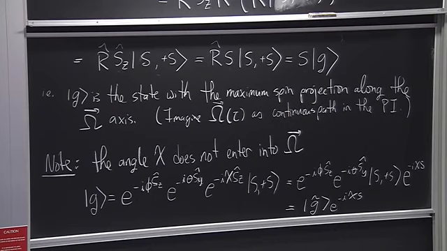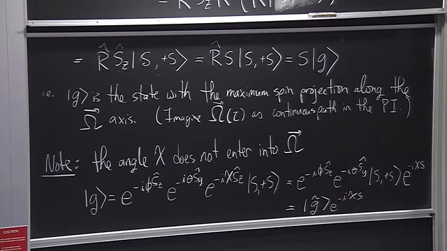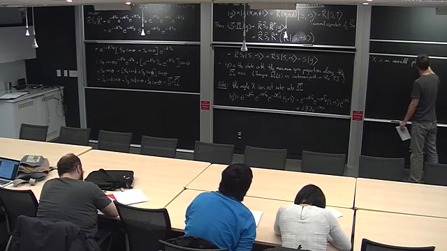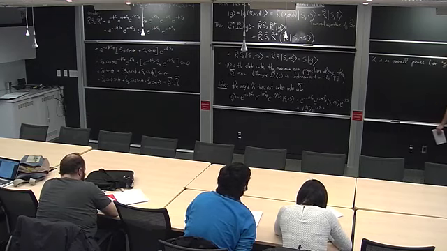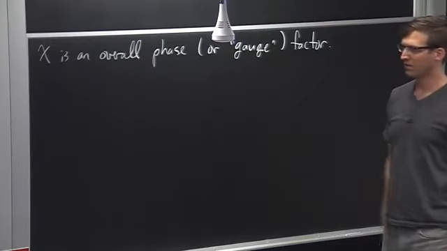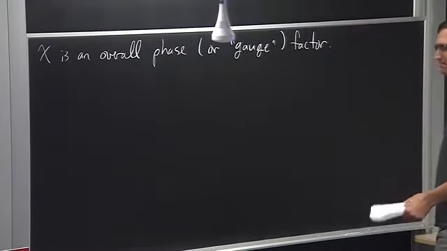All the angular dependence is just contained within that G tilde. Chi is called a gauge factor, but it's just an overall phase.